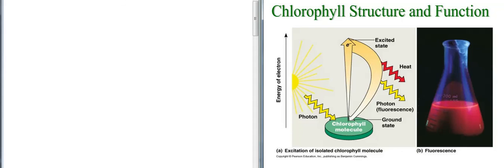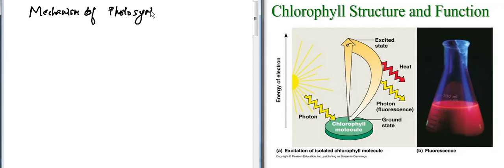So we can see the steps behind the mechanism of photosynthesis. The first step is the light reaction, and the second step is the dark reaction.